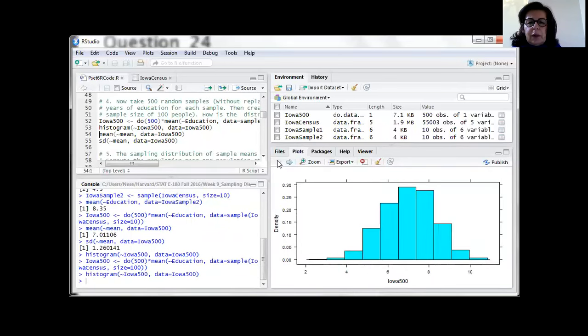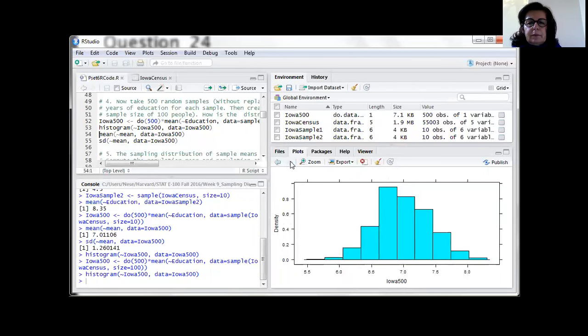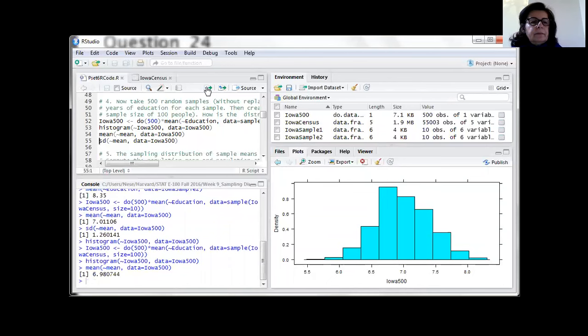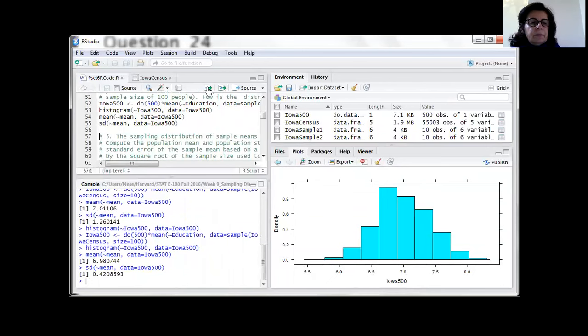Compared to the previous one, let's look at the mean and standard deviation. Standard deviation changed. It became tighter. It became smaller.